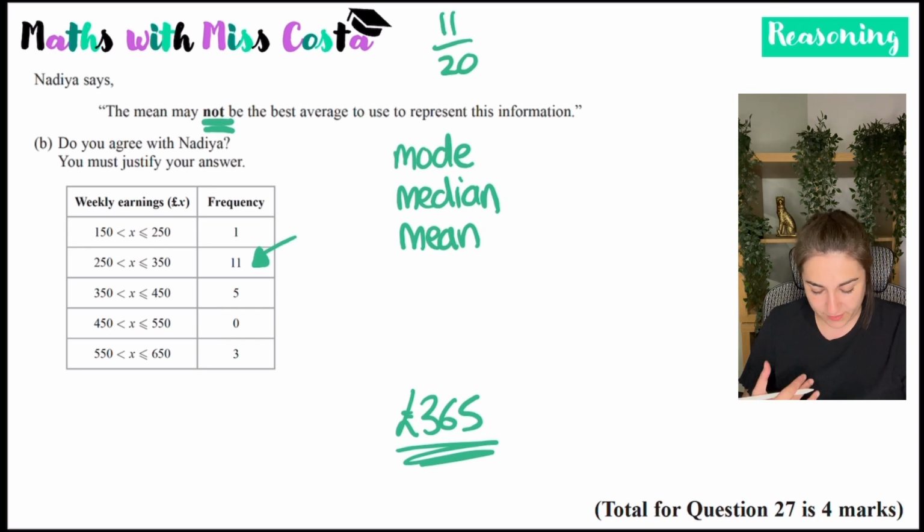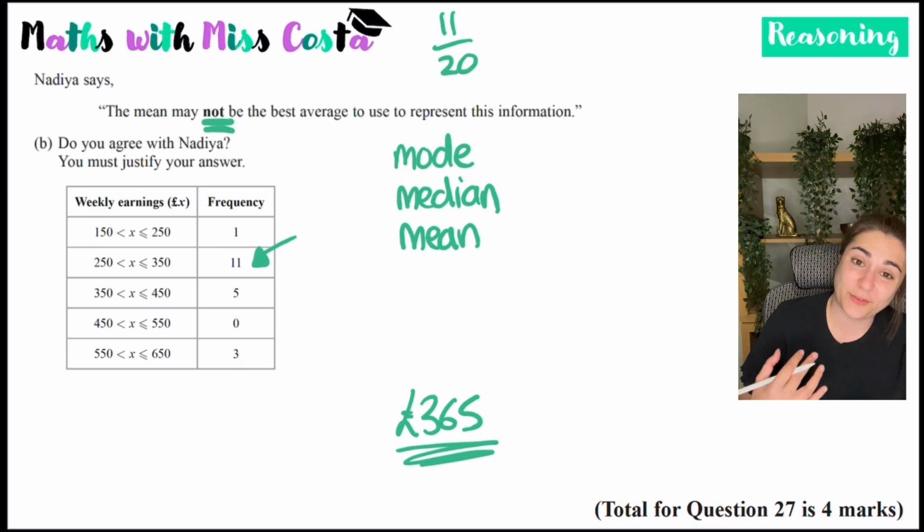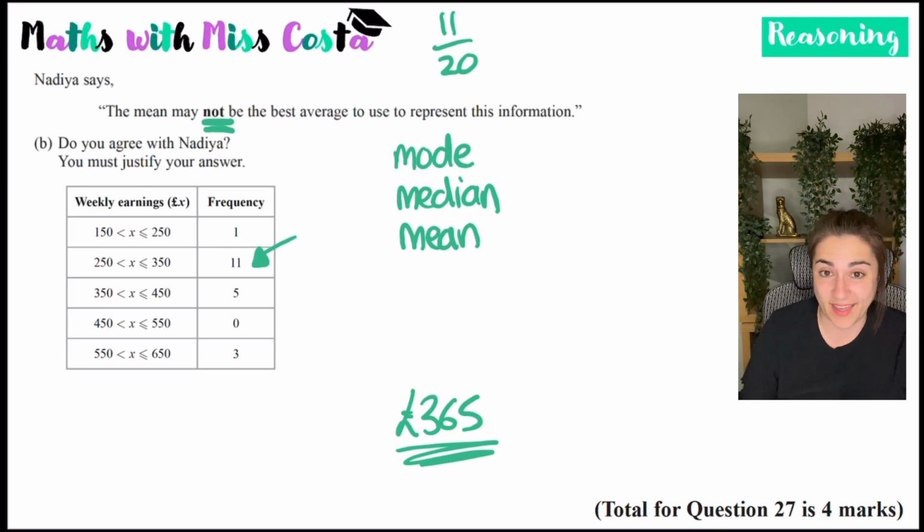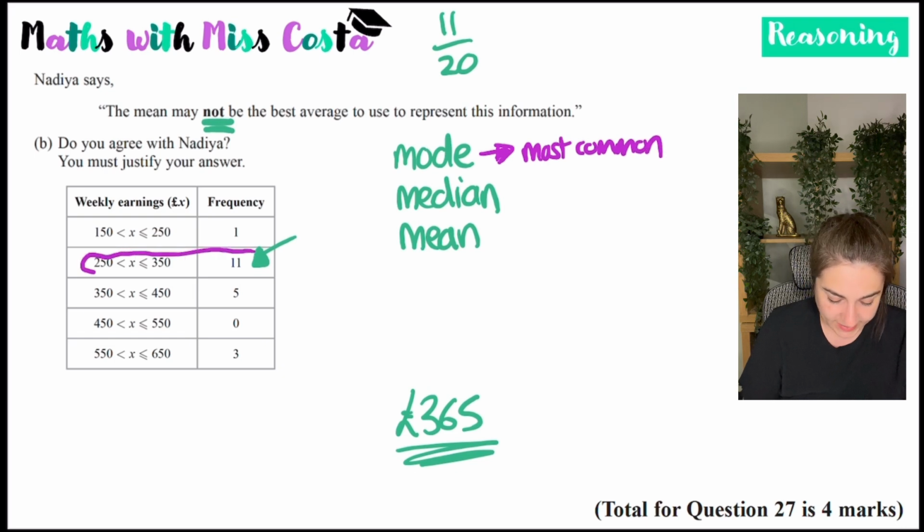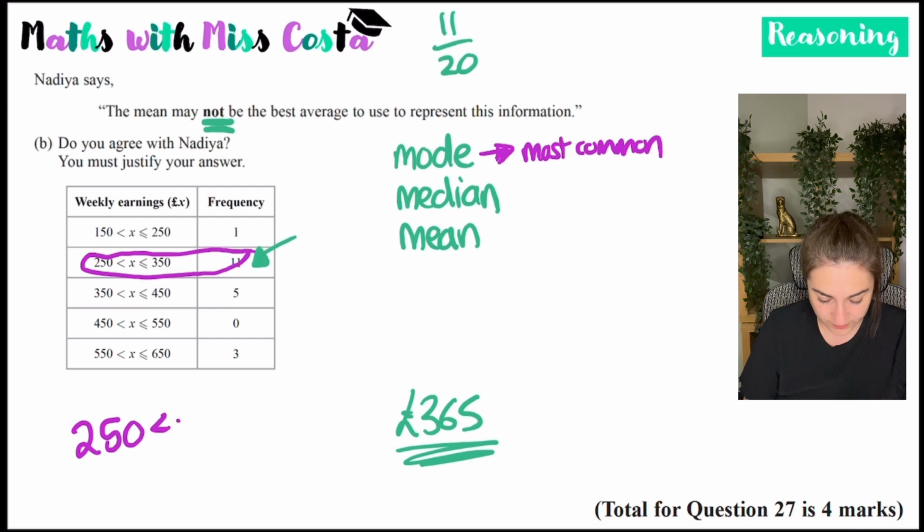So if 11 people are earning, let's say, £255, that's inflating their wage. So what can the other averages offer me? Well, the mode is the most common. So if I use the mode, that would say that the average weekly wage is between 250 and 350. Or I could use the median.